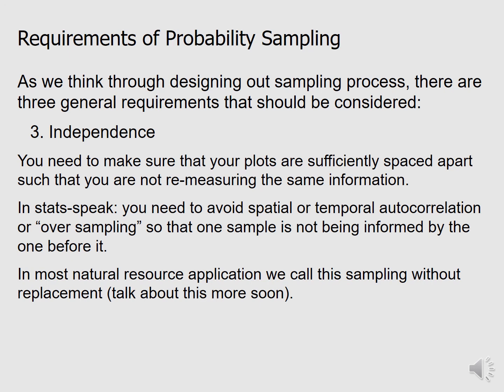In natural resources, we generally consider this to be locating our plots so that they are sufficiently spaced apart that we are not remeasuring the same information. Typically, we accomplish this by utilizing sampling without replacement, which we will talk about in the simple random sampling lecture.